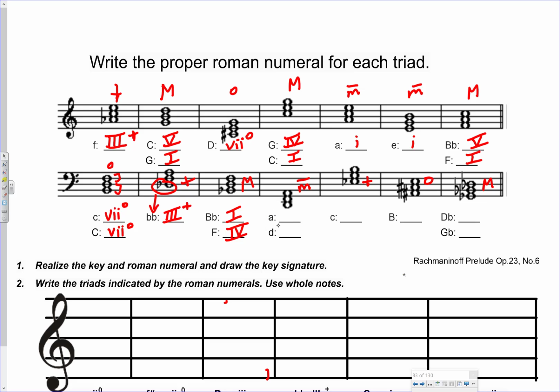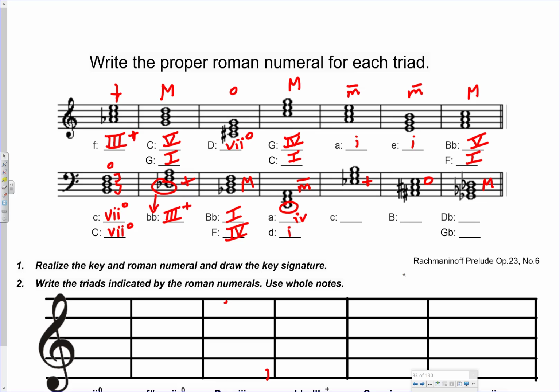In the next example, it's a minor triad whose root happens to be D. D is the 4th scale degree in the key of A. Since it's a minor triad, it gets a lowercase iv. Since D is the root and D is the key, that would be the tonic minor triad in the key of D harmonic minor, lowercase i.